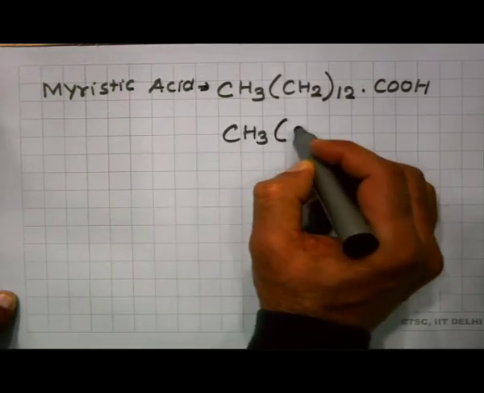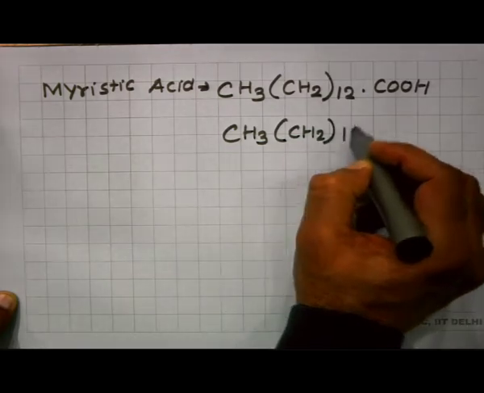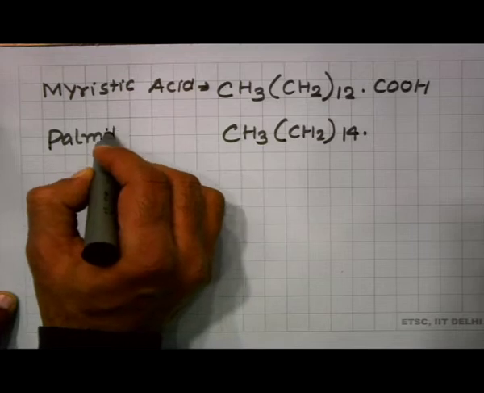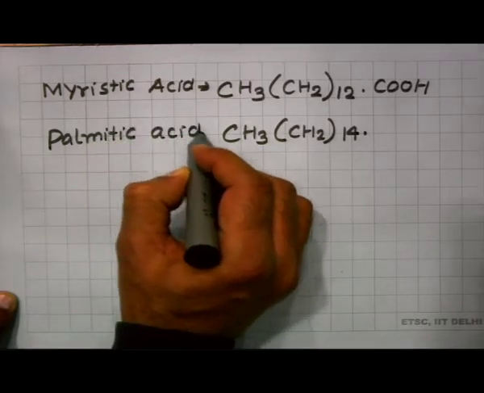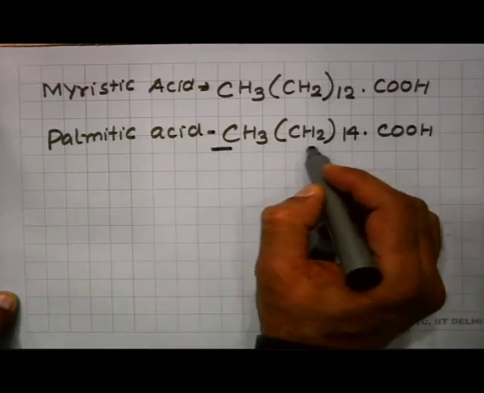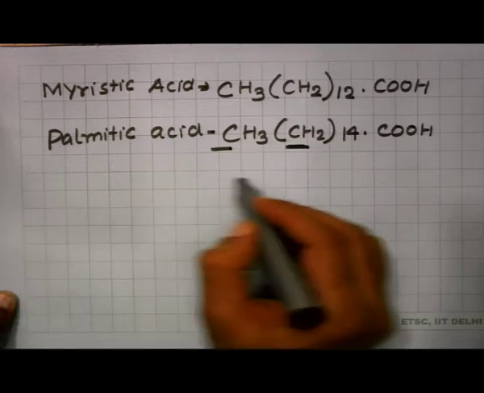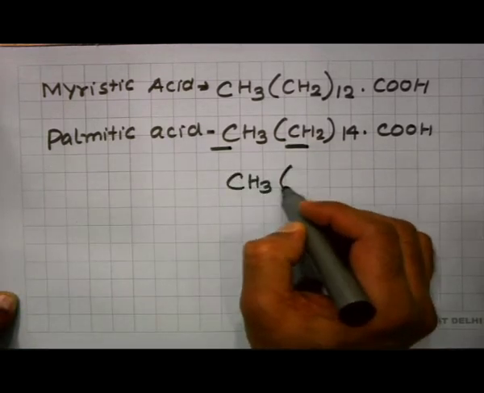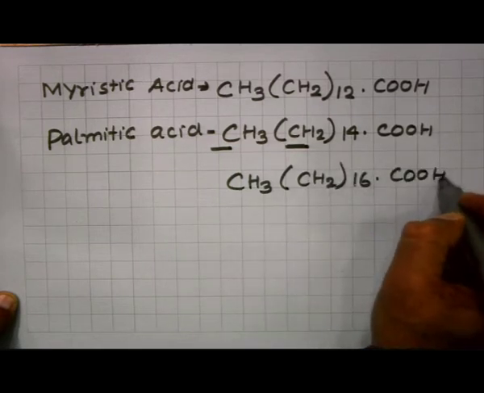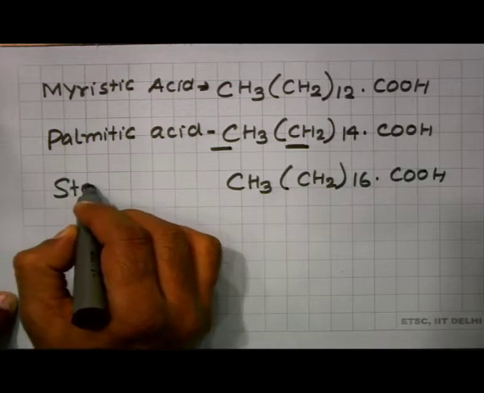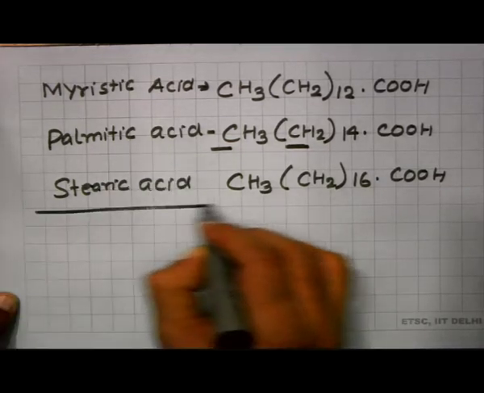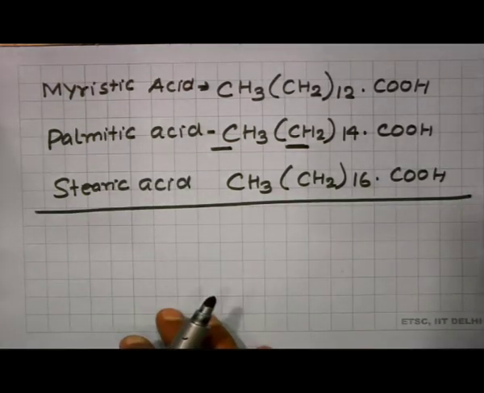If multiplied by 14, that is the very common palmitic acid. Palmitic acid has 16 carbons, and if it is multiplied by 16, that forms stearic acid.